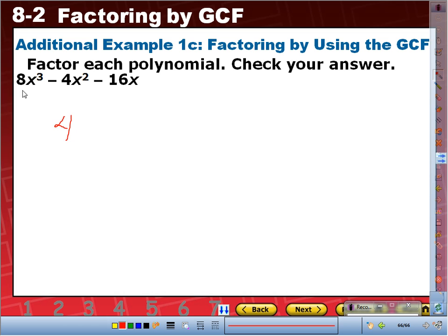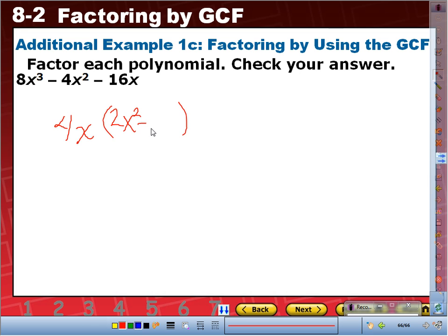What variable can I factor out of each term? X. So let's see what we have left. What is 8x cubed divided by 4x? X squared. What is negative 4x squared divided by 4x?